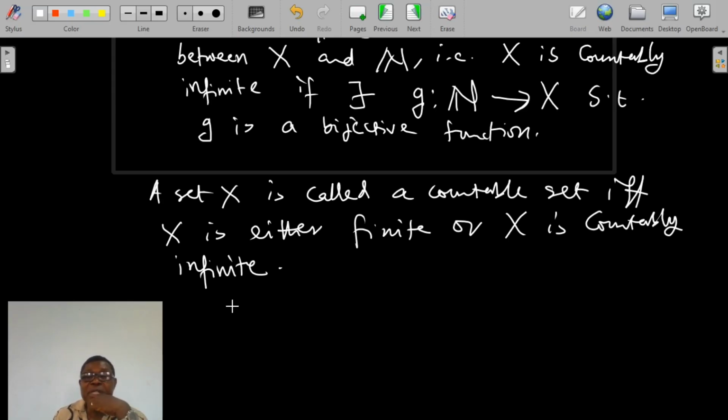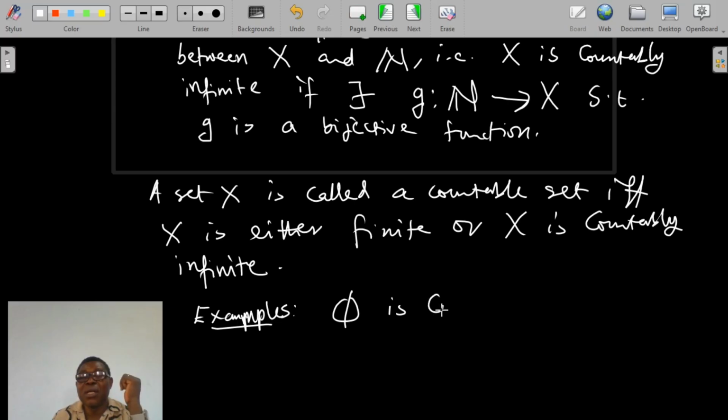Several examples abound. For instance, the empty set is countable. The empty set is countable because the empty set is finite, being finite because its cardinality is 0.